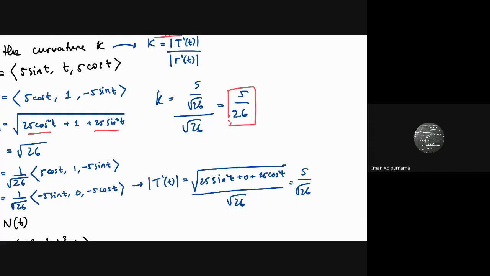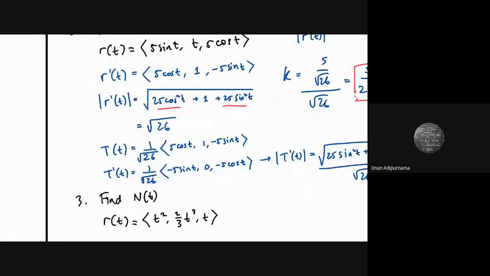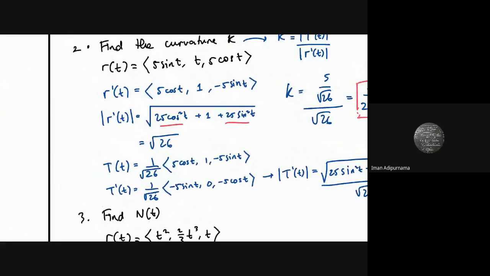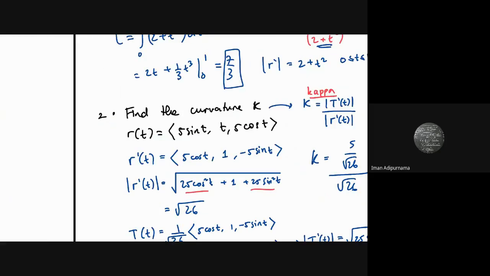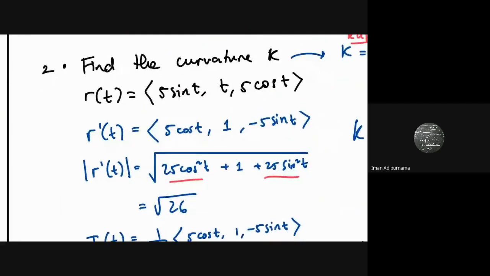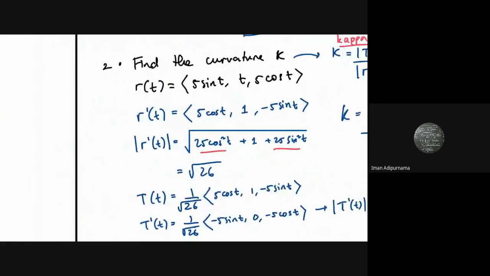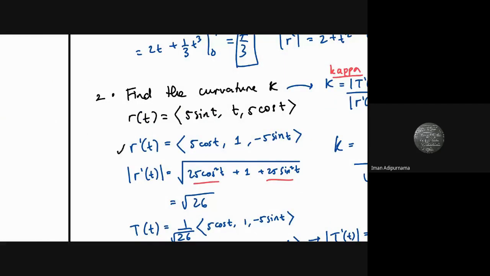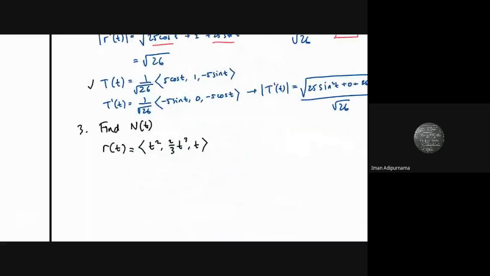So yeah, basically you need to be careful when you are doing all this curvature, unit tangent, normal, binormal. If you are not careful from the early calculations, you will not get the answers. You might get it wrong here, or maybe wrong at the tangent vector.